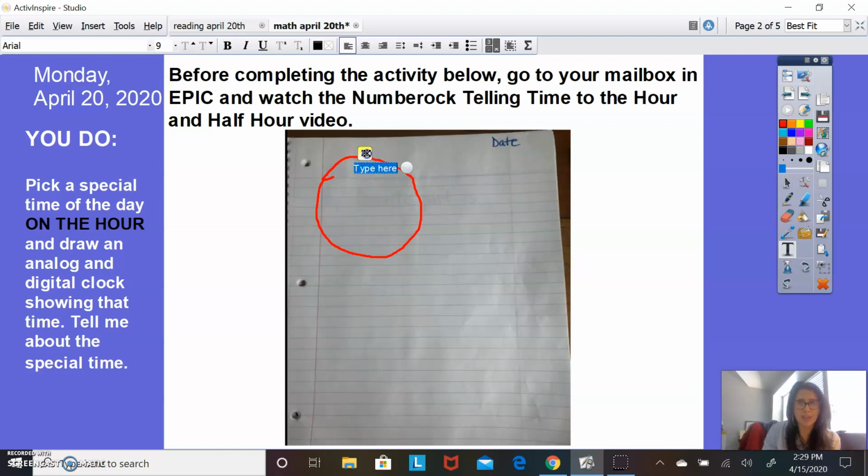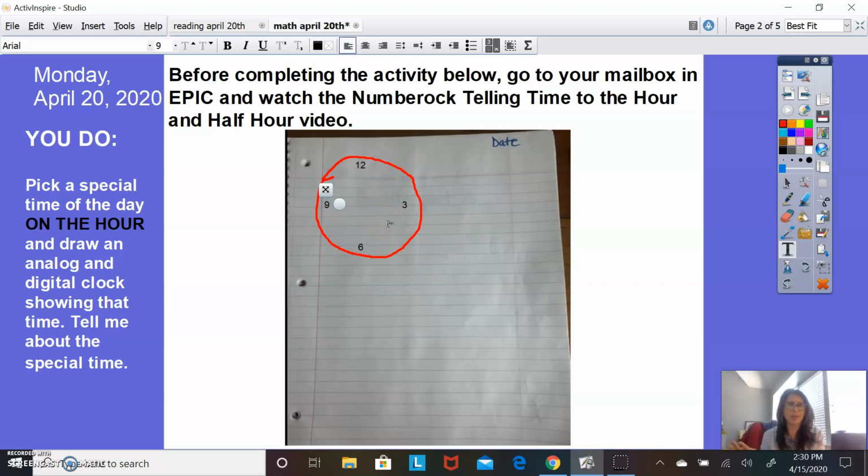So right here, I would do 12, and then I know that down here is 6, and then I know here would be 3, about right here, and then I know over here would be 9. I'm not going to do it all here because I don't want to take up your time, but then I'll go back in and fill in the rest of it with 1, 2, 4, 5, 7, 8. So I'll draw my clock here, and this is my analog clock.